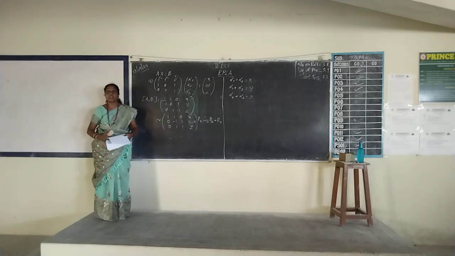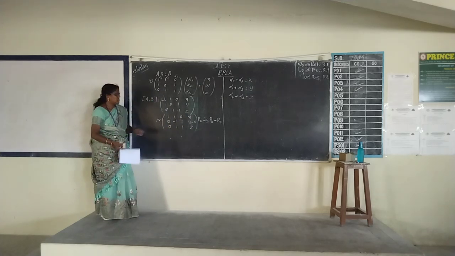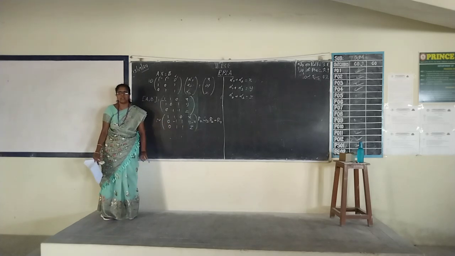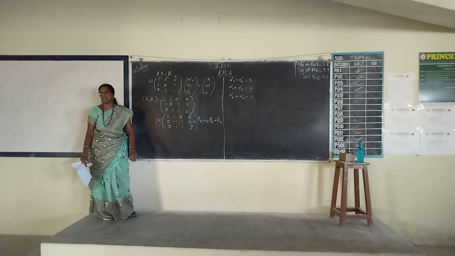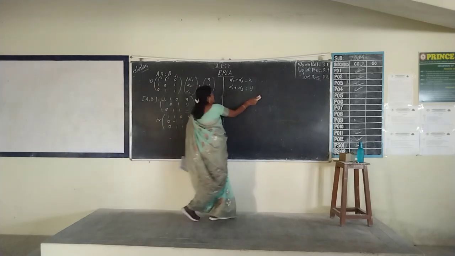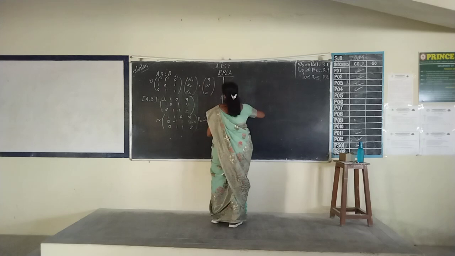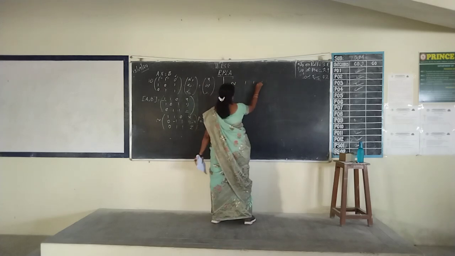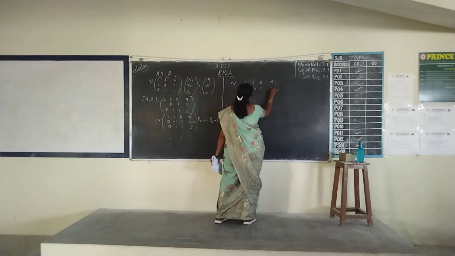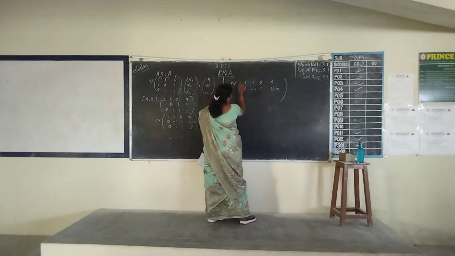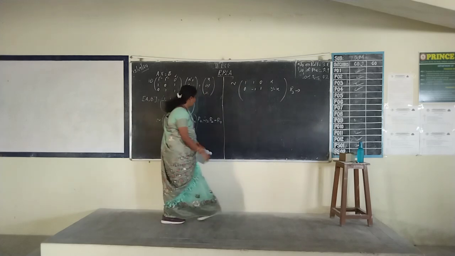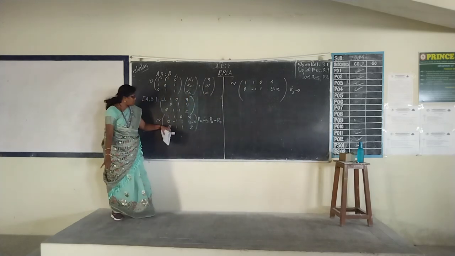What is the next transformation? With the help of the second row, you have to make the remaining second elements 0. How many second elements are remaining? One is 1. So in this step, the first and second rows will remain the same. 1, 1, 0, x. 0, minus 1, 1, y minus x. So you are going to do the transformation only in R3. So now we have to compare R3 and R2.